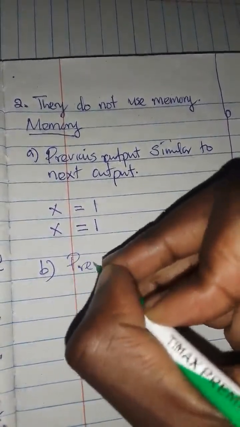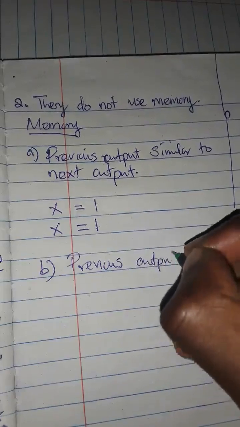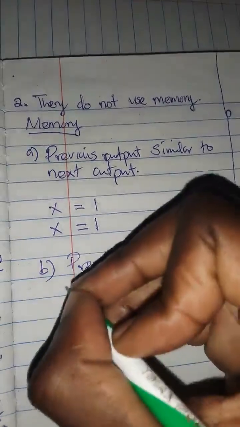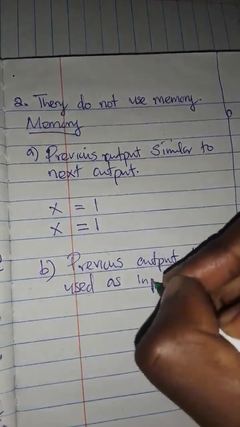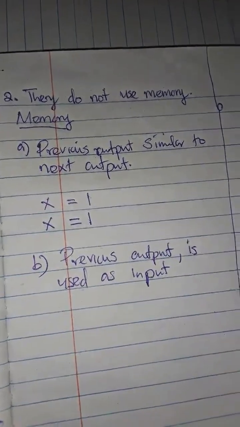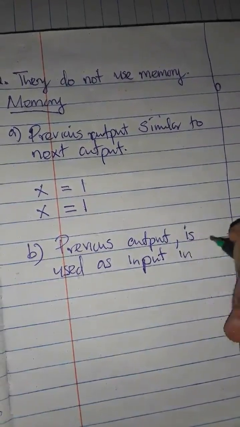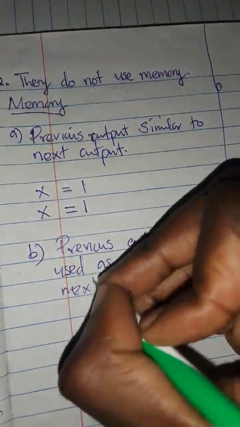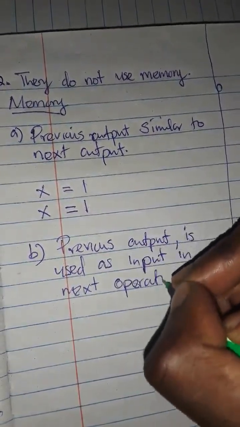The second concept about memory is that the previous output is used as input in the next operation or calculation.